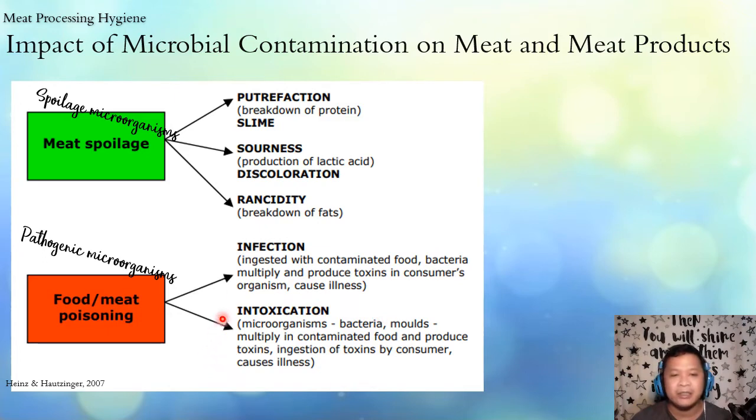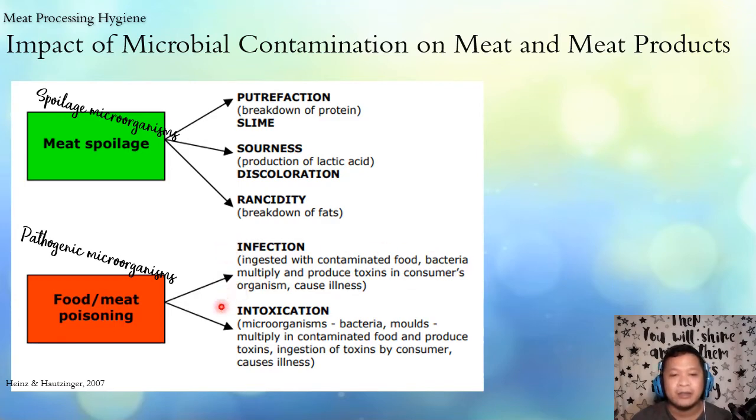Again, as you recall, when we say infection, the food is contaminated with microorganisms, and inside your body after you eat it, the microorganisms produce toxic substances. So to prevent infections, of course, you have to kill the target microorganisms, usually through heat treatment or another form of antimicrobial.